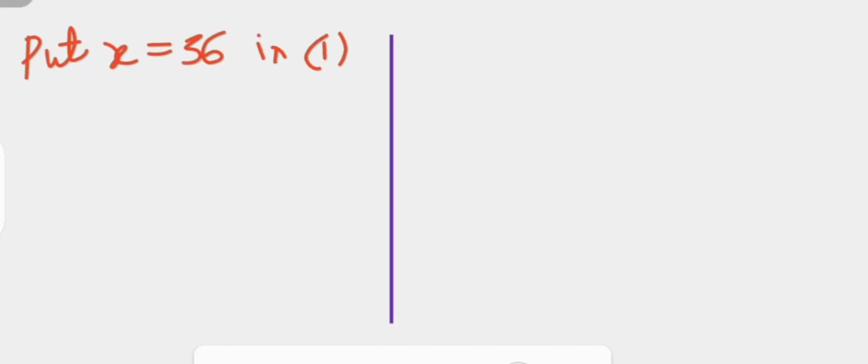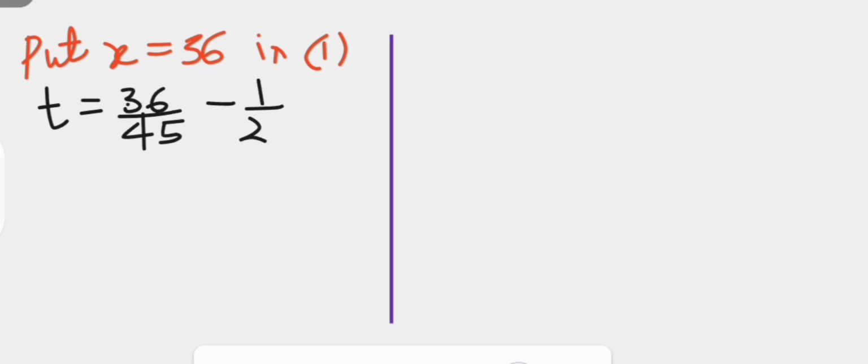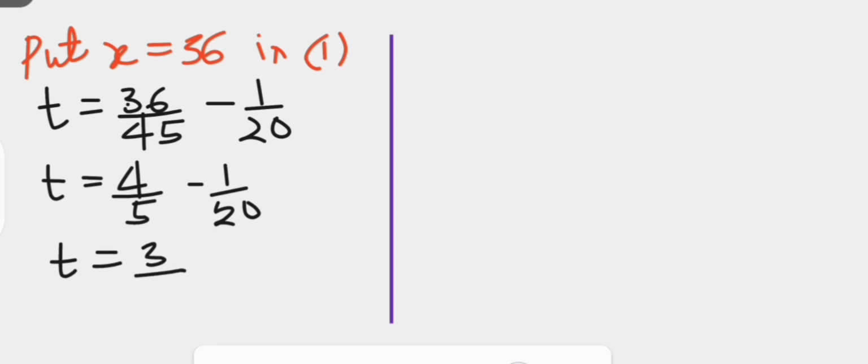Let us use equation 1. That means we are going to have t equal to 36 over 45, which is x over 45, minus 1 over 20 from equation 1. That simply gives us 4 over 5 when we reduce 36 over 45 to its lower term, minus 1 over 20. And 4 over 5 minus 1 over 20 is going to give us 3 over 4.